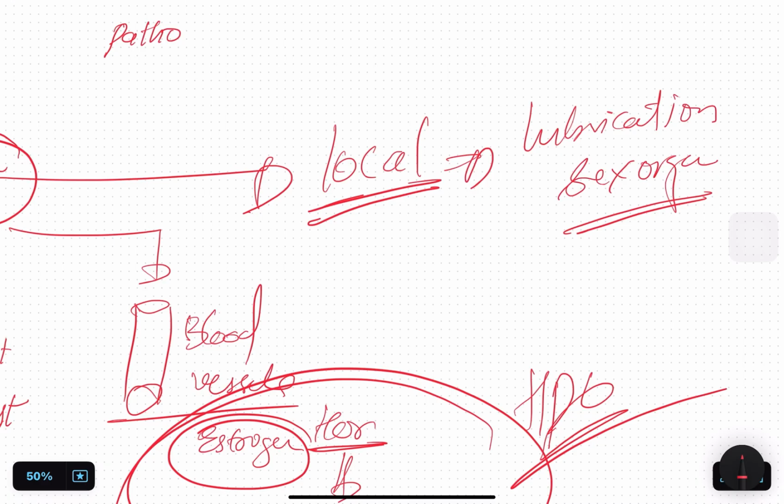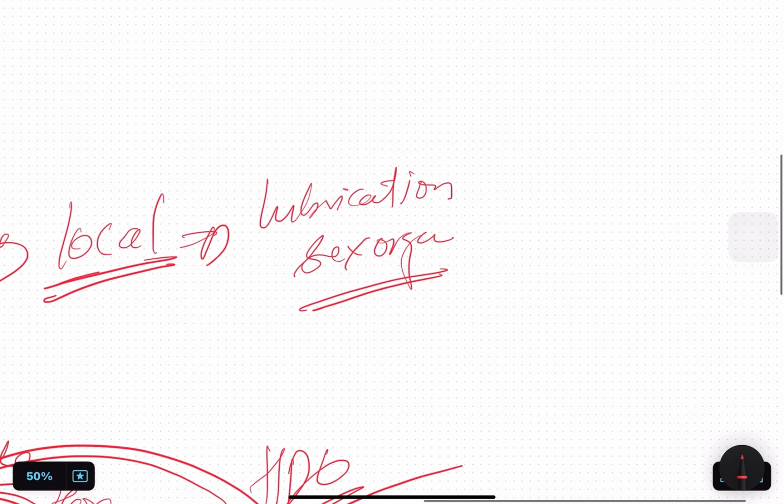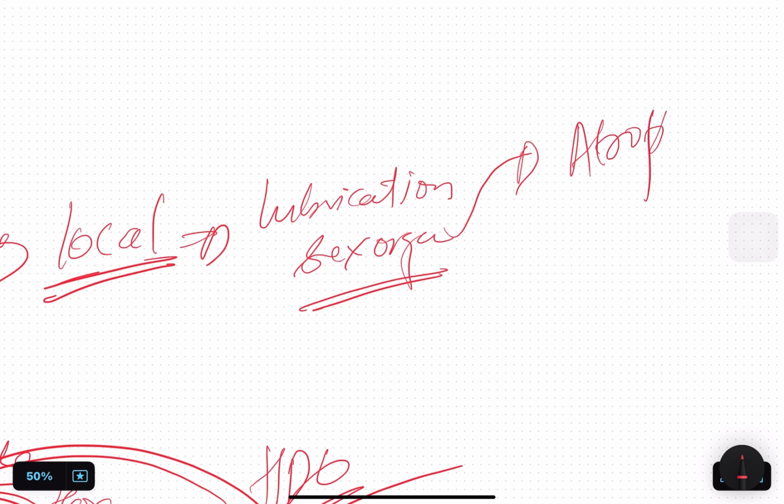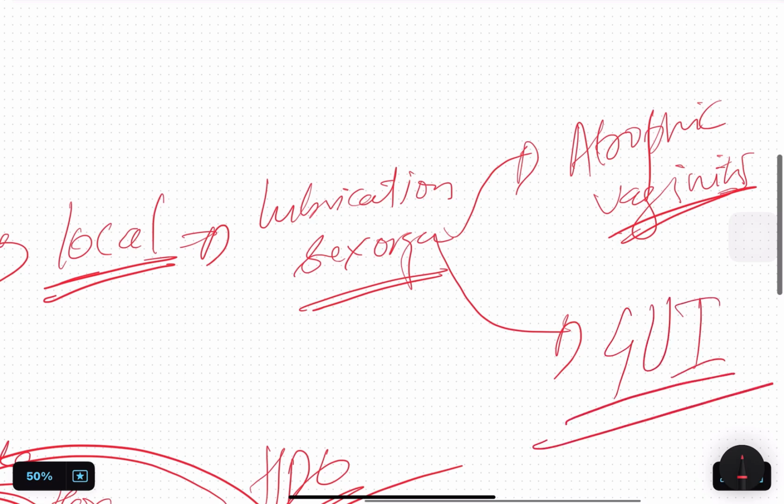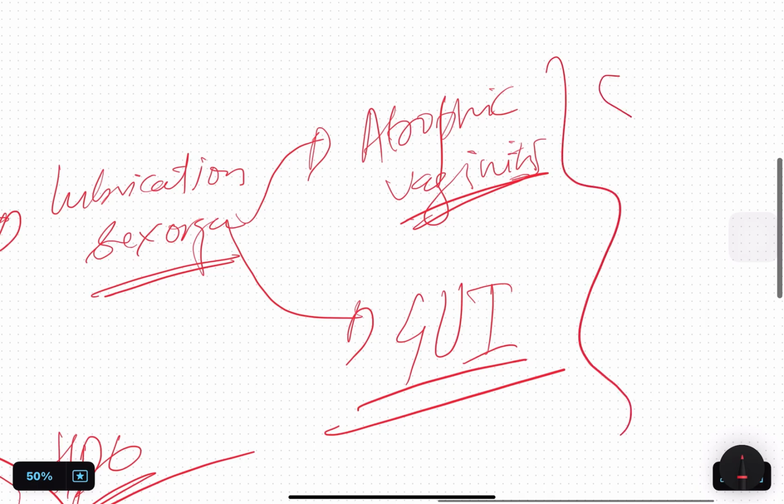If there is estrogen deficiency in postmenopausal women, they will have atrophic vaginitis, and since there are no menses, the normal mechanism to prevent infection is lost. So they are more prone to genitourinary infection. Most cases, 50 to 60%, are atrophic vaginitis.